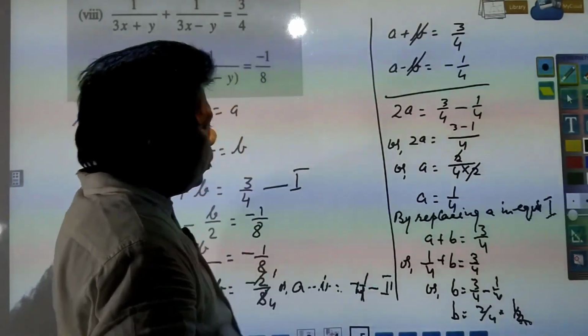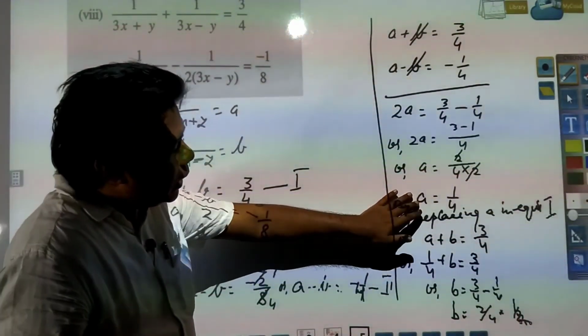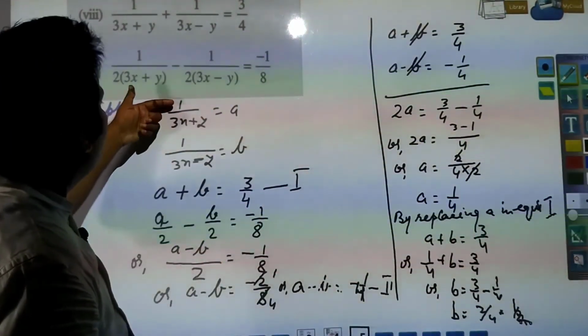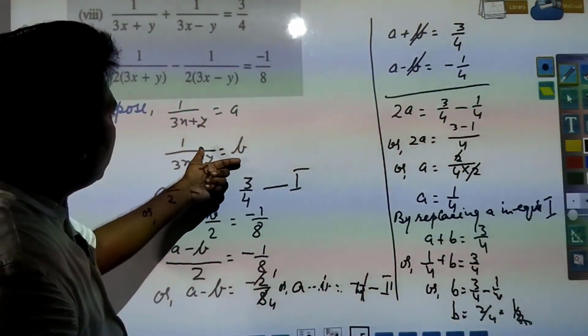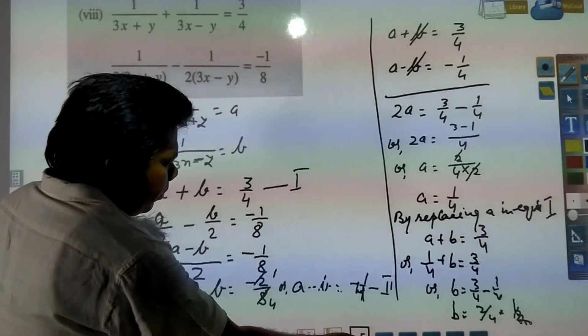So now what we will do is replace a and b: 1 by 3x plus y is equal to a, and 1 by 3x minus y is equal to b. So let's see.